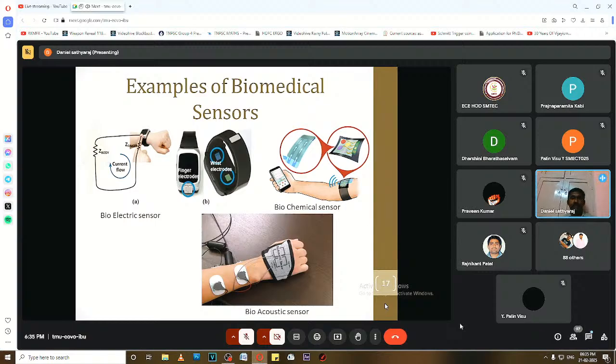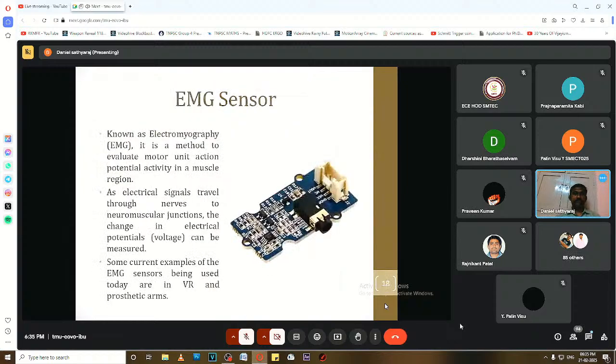Another type of sensor is a bioacoustic sensor. You can see the measuring electrodes placed on the hand. Whatever the place we need, the values that we want to measure can be measured using these types of sensors. It is an example of an EMG sensor, an electromyography type of sensor. It has motor unit action.